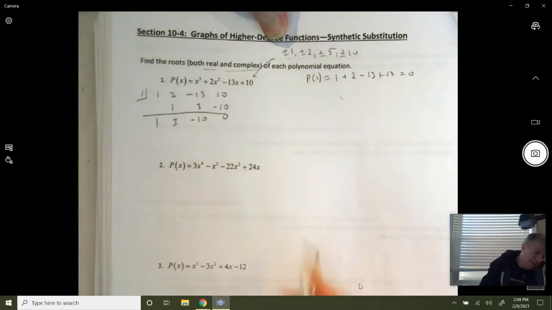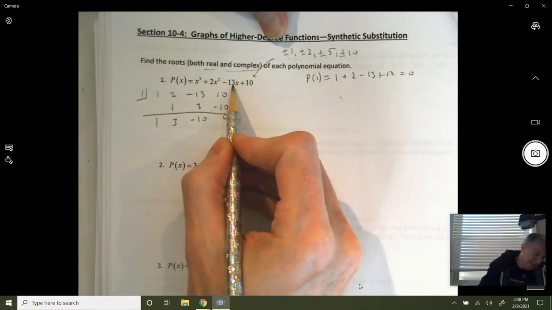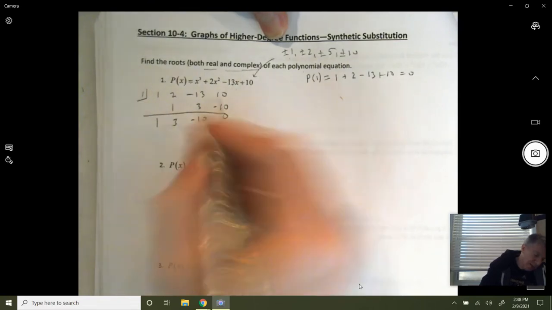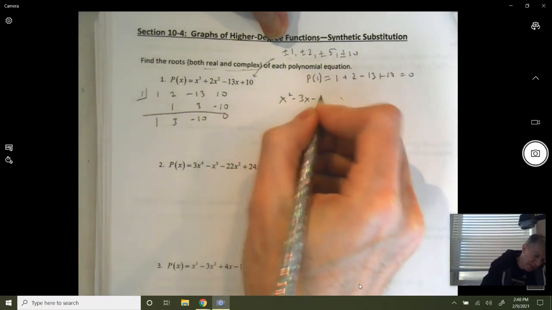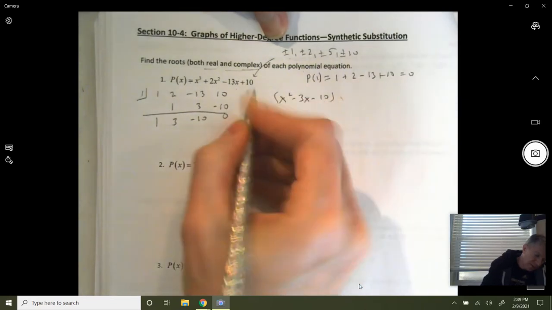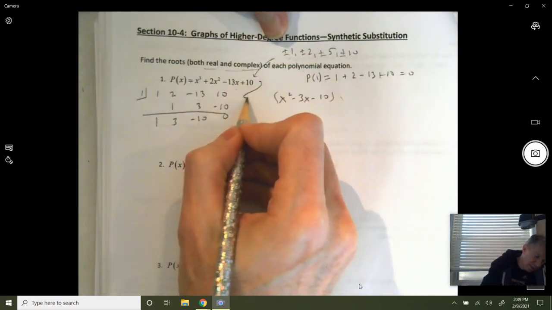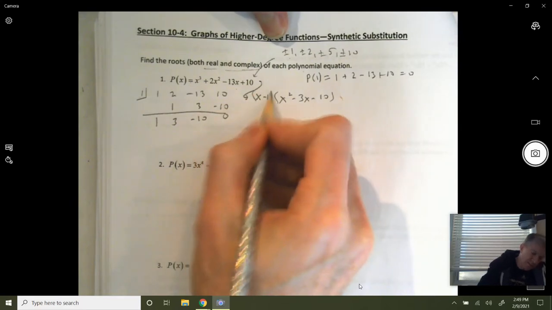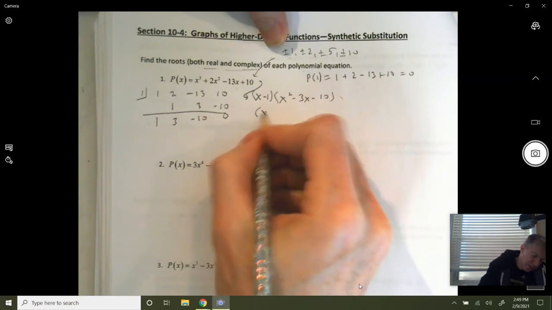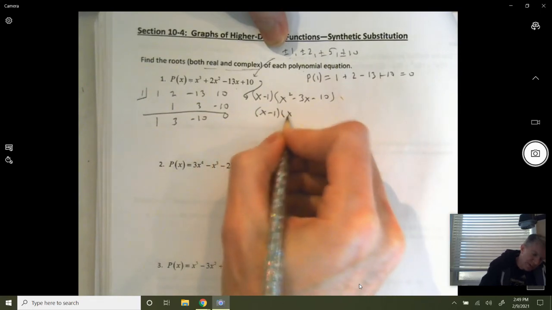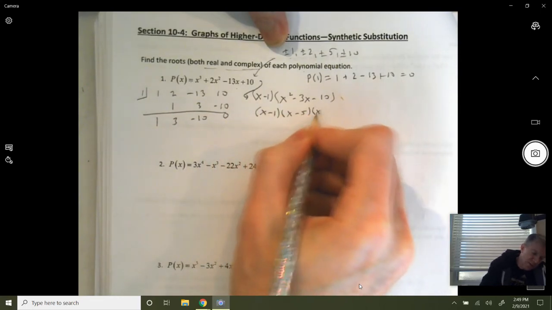Okay, so when I divide this thing by x minus 1, I get x squared minus 3x minus 10. So basically what I've done, this thing factors into x minus 1 times this. Okay, and then I think this factors further, x minus 1, x minus 5, x plus 2.